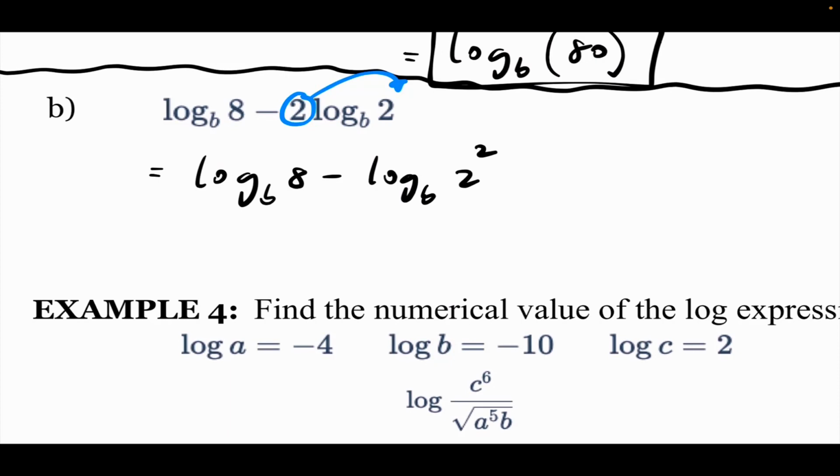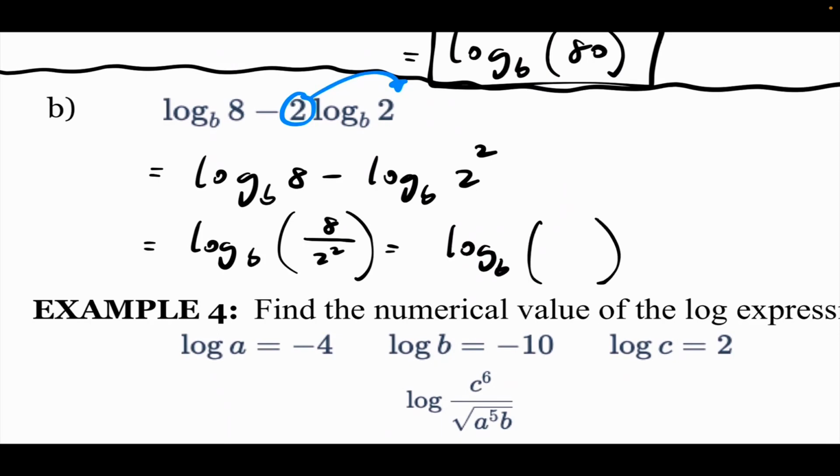Subtraction, we're going to use the quotient rule, use division. Eight divided by 2 squared. Well, 2 squared is 4. 8 divided by 4, 2. Done.